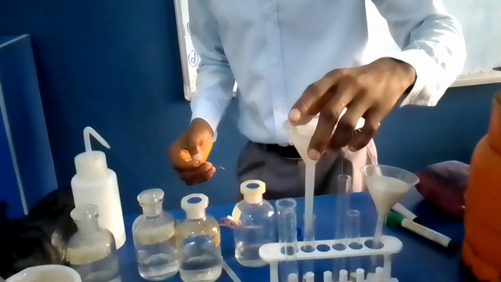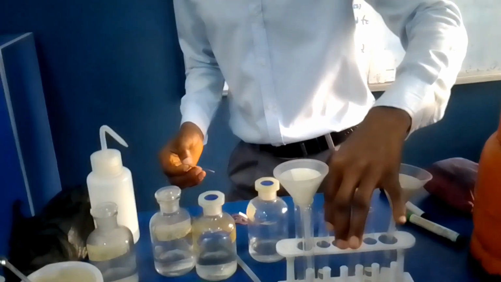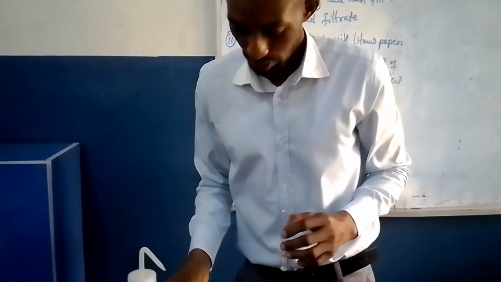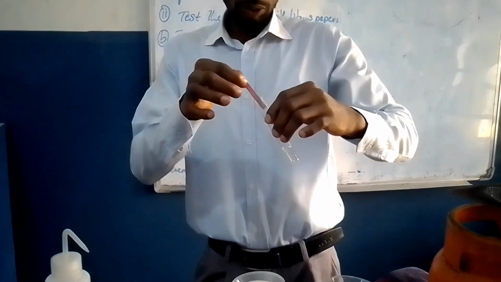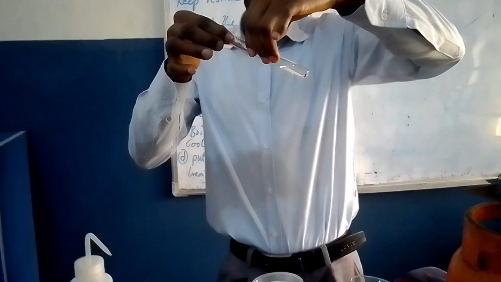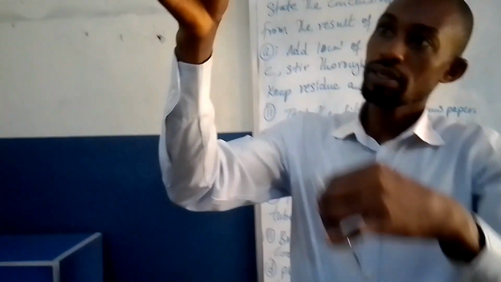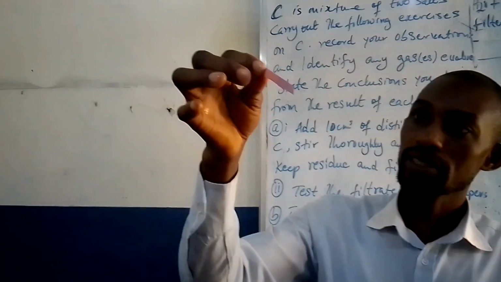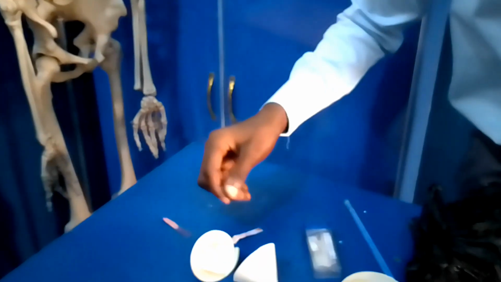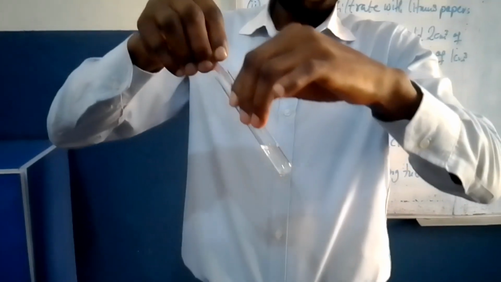This is fully filtered, the clear filtrate. When we test the filtrate with red litmus paper, it turns red litmus paper blue. So let's test with blue litmus paper.